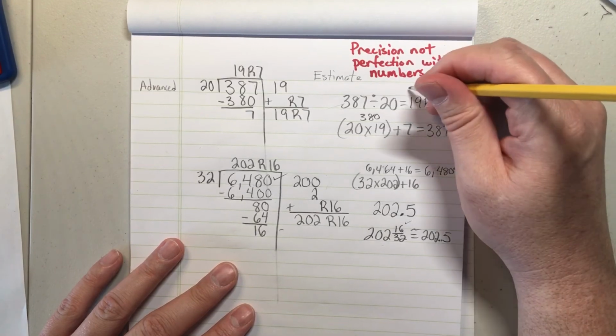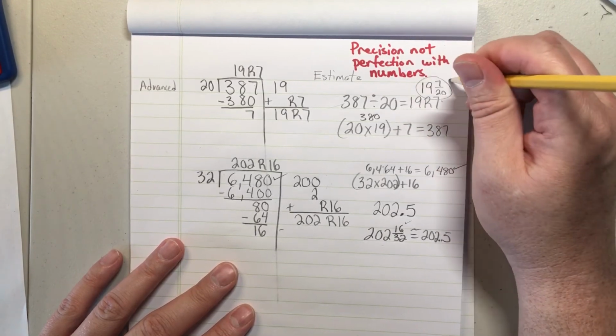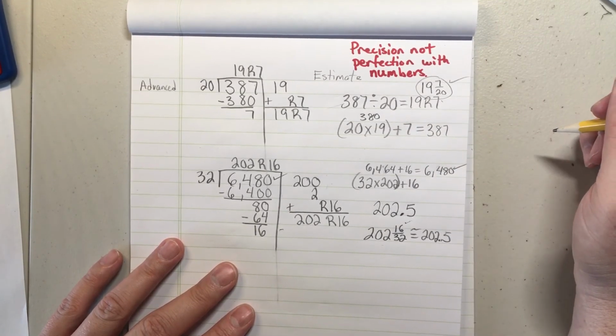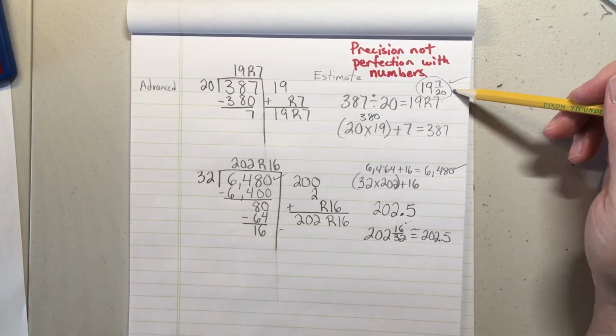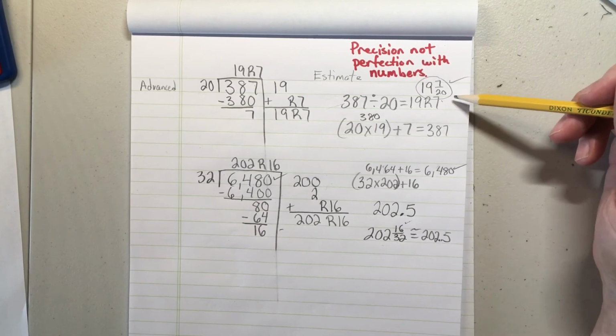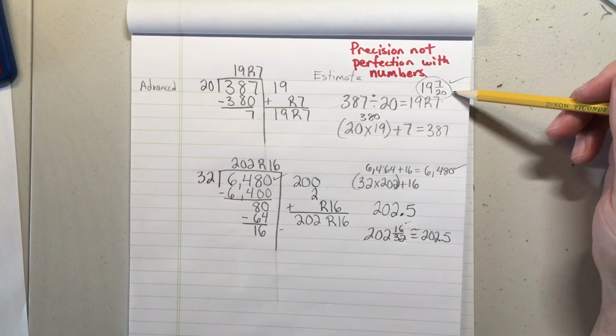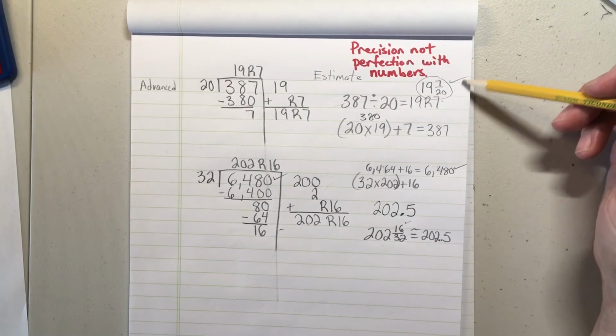That's okay, and this answer is also correct. Now, if you don't have a good numeric foundation, especially with your basic operations, then this is going to be a difficult concept to understand.